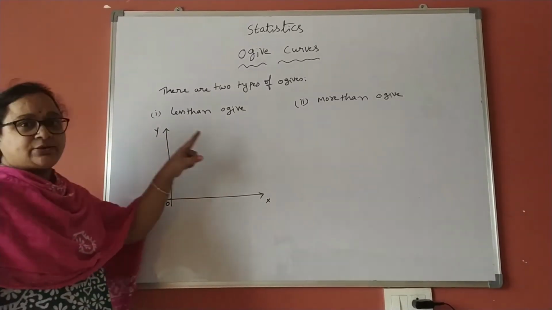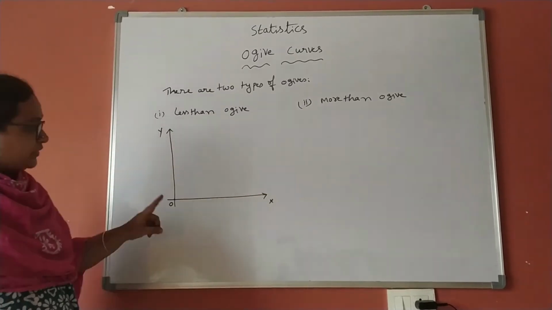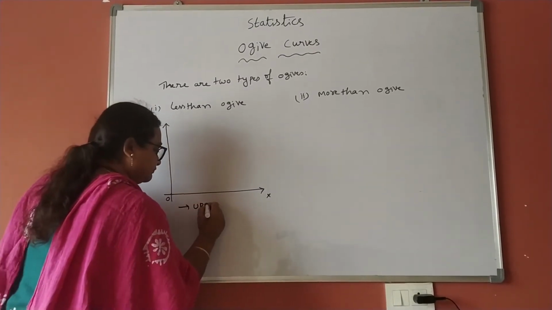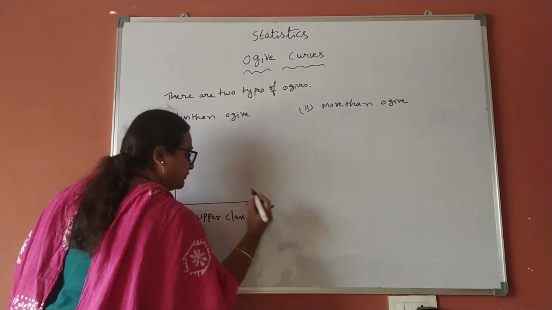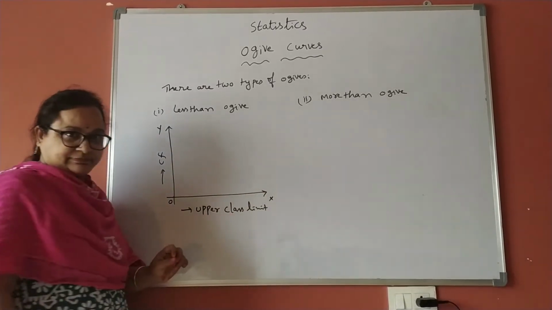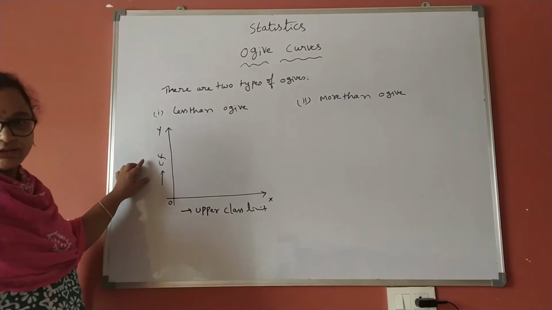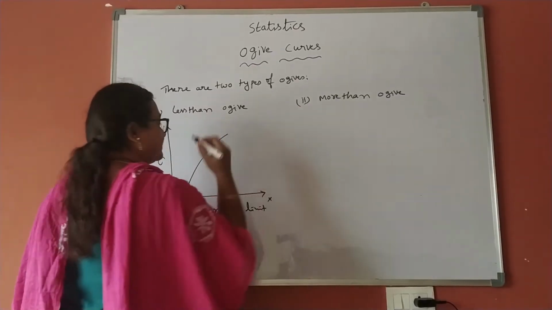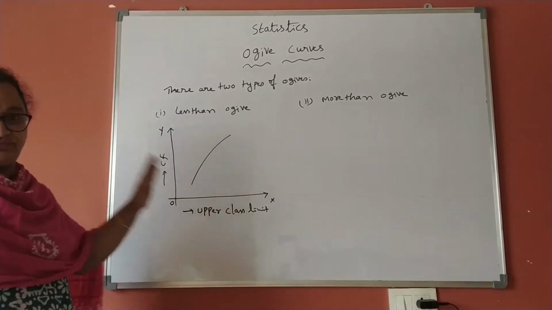While drawing less than OGIVE, we plot upper class limits on the x-axis and cumulative frequency on the y-axis, and we will get a curve like this. This is the basic idea about less than OGIVE.